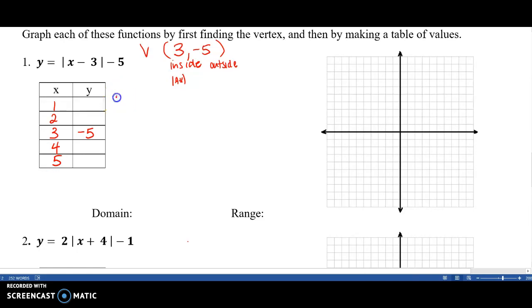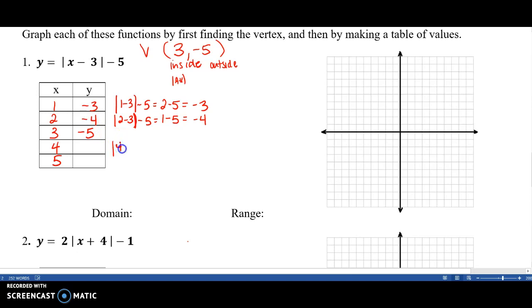So for the first one, if we substitute 1, it will be the absolute value of 1 minus 3, minus 5. 1 minus 3 is a negative 2, but because of the absolute value bars, we know it becomes positive 2, and 2 minus 5 is negative 3. For 2, we get 2 minus 3, negative 1, which is positive 1 because of the absolute value, and we end up with a negative 4.